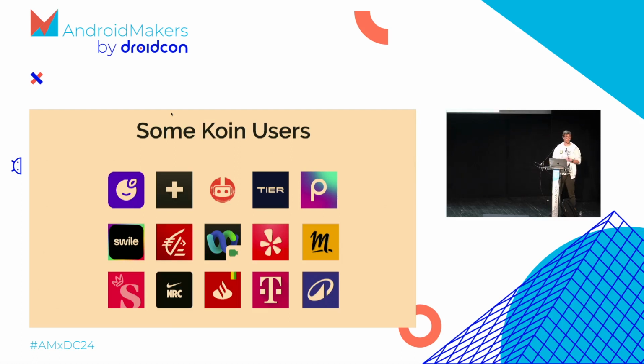Koin is in between 3,000 to 4,000, 100,000 applications on the App Store. It's 7 million downloads per month. That's really big, and seeing lots of increase every year. That's a really small player, okay? That's fine.